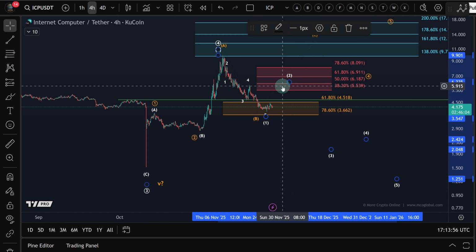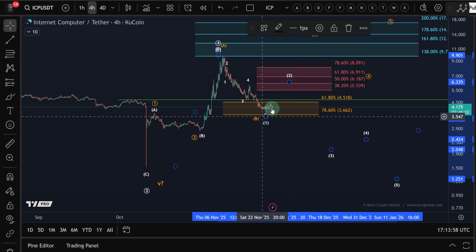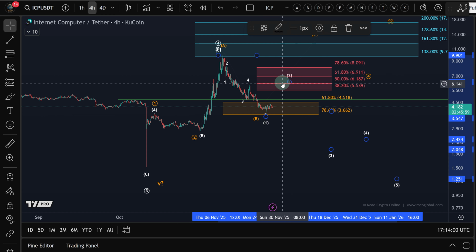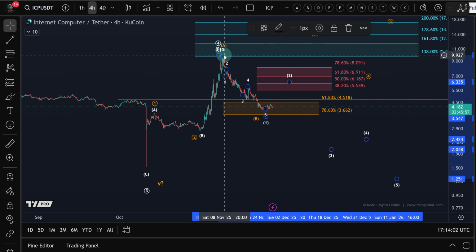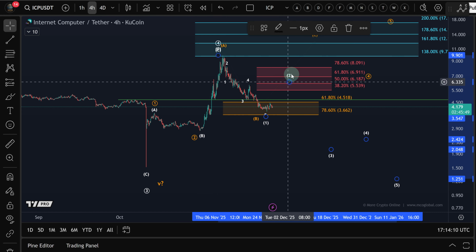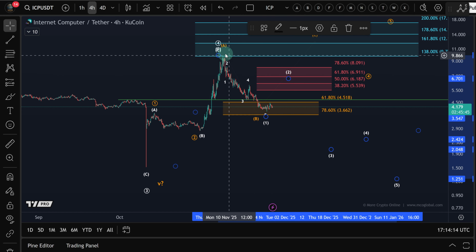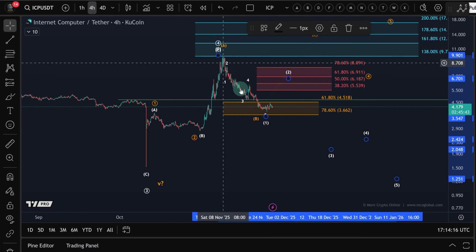Please note that the white scenario, the so-called 1-2 setup to the downside, will only be invalidated if we get a break above the November high, which formed here at around $9.95. This is the invalidation point. A wave 2 will always be invalidated with a break above the beginning of the wave 1.